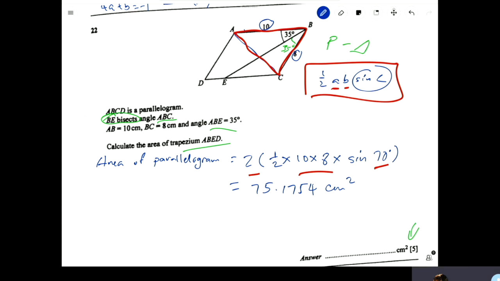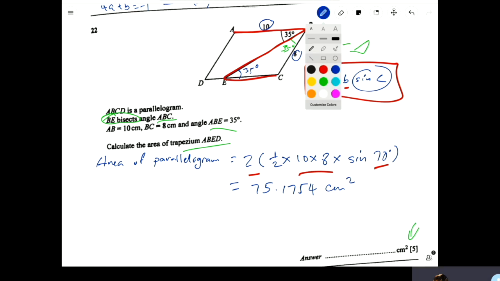So next, I want to find, here is 35 degrees. Why? Because you see a letter Z, alternate angles. See that? That means here is 35.